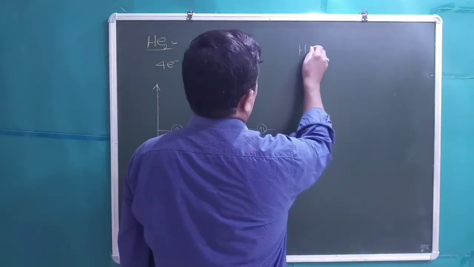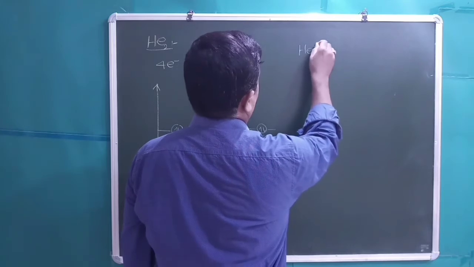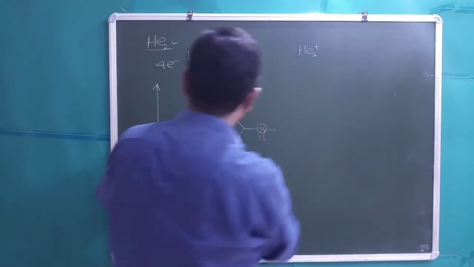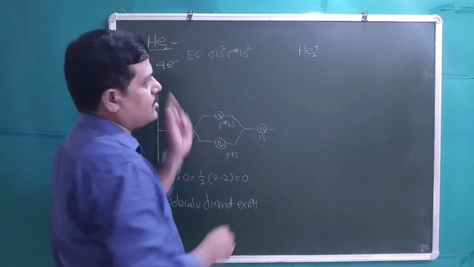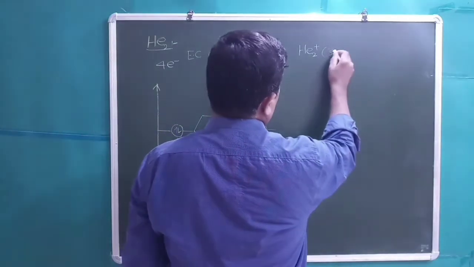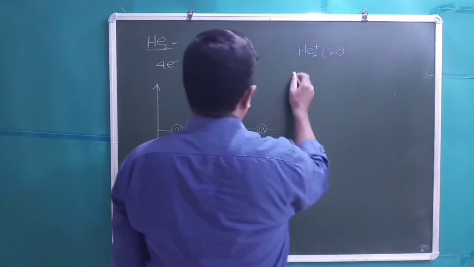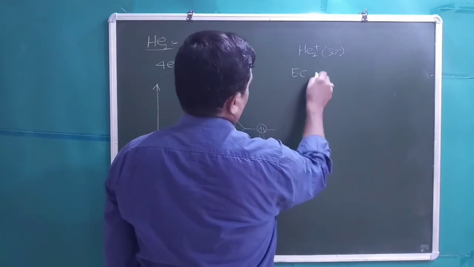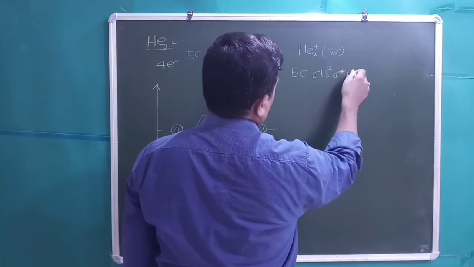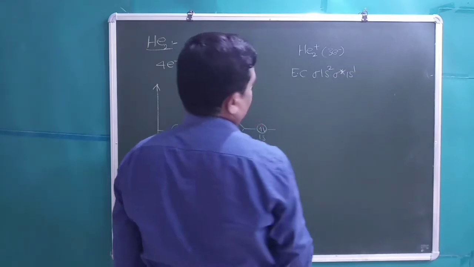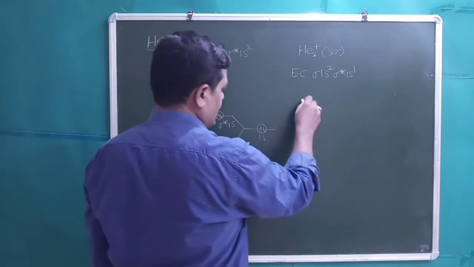Students, let us take next species He2 plus. He2 has 4 electrons. We need to remove 1 electron from this, then it has 3 electrons. Electronic configuration: sigma 1s2, sigma star 1s1.